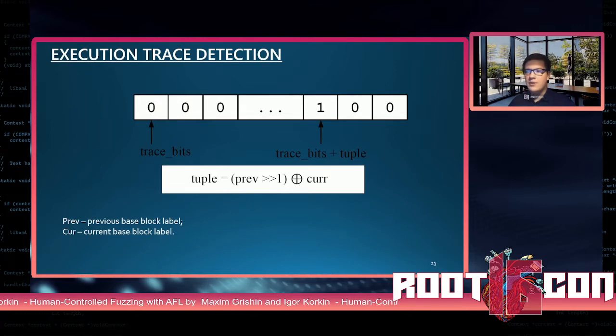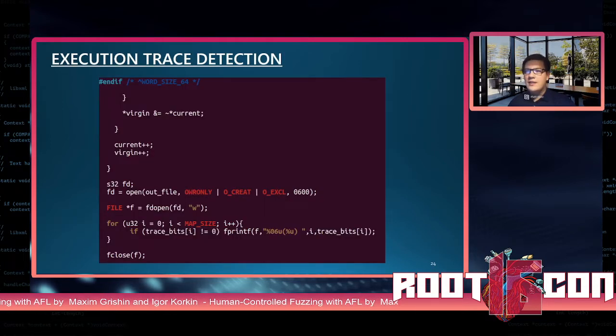AFL uses a special array in which one label corresponds to the address of the tuple in the trace. To detect the trace, we instrumented the hasNewBits function, which updates the trace bits array at each iteration.